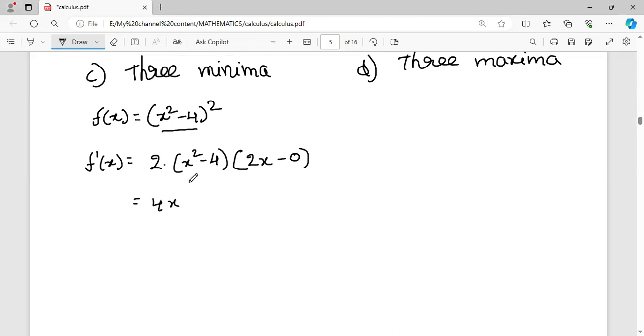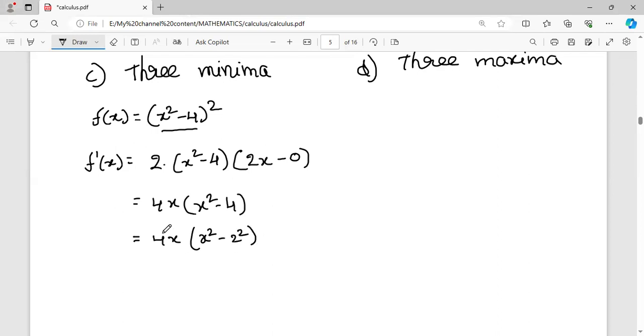Now do the simplification: 2 into 2x, that is 4x into (x square minus 4). Here x square minus 4 means x square minus 2 square.